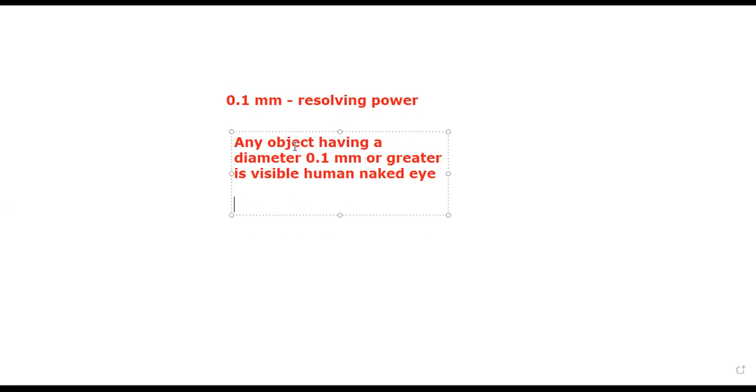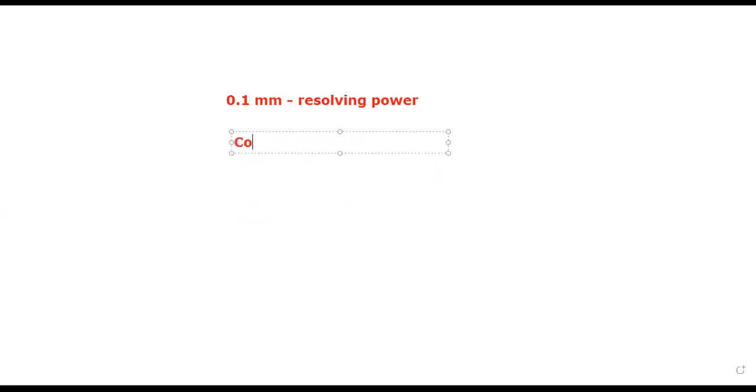Now, if you take a compound microscope, look at your tube. What is the resolving power given to a compound microscope? 0.2 micrometer, correct? So what is the meaning?